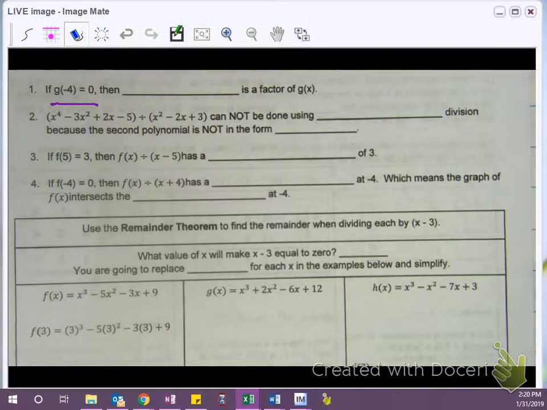If g of negative 4 is equal to 0, what does that mean? So when in the function, when x is negative 4, y is 0. What does that mean? The equation is equal to 0. It's equal to 0, but what does that mean?